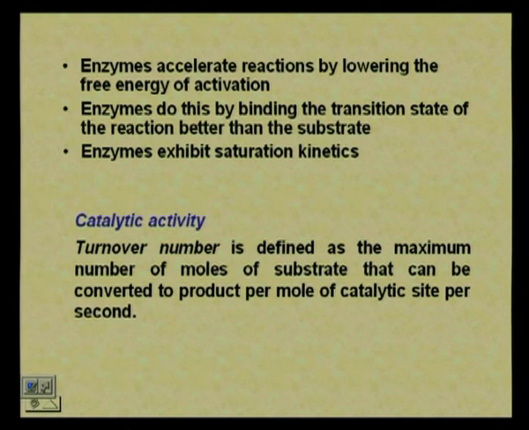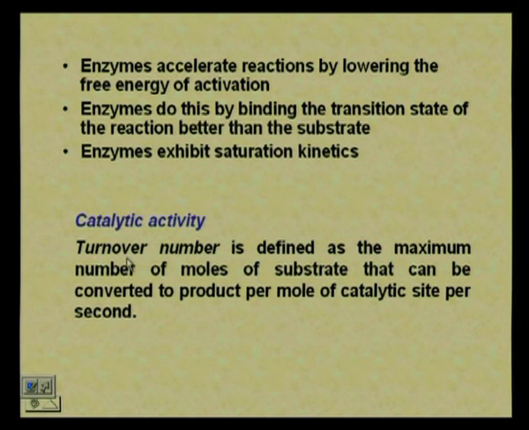In that enzyme active site, there are substrates that bind to the enzyme active catalytic site, and they convert the substrate into product. As they do that, the enzyme retains its structure and activity so that it can convert another substrate to product.